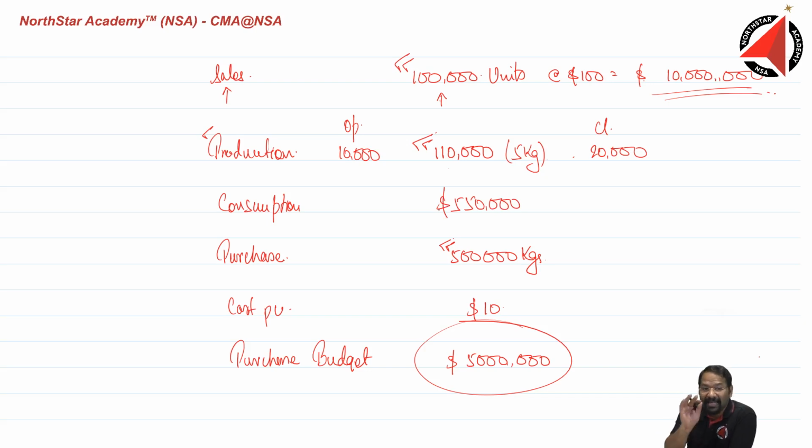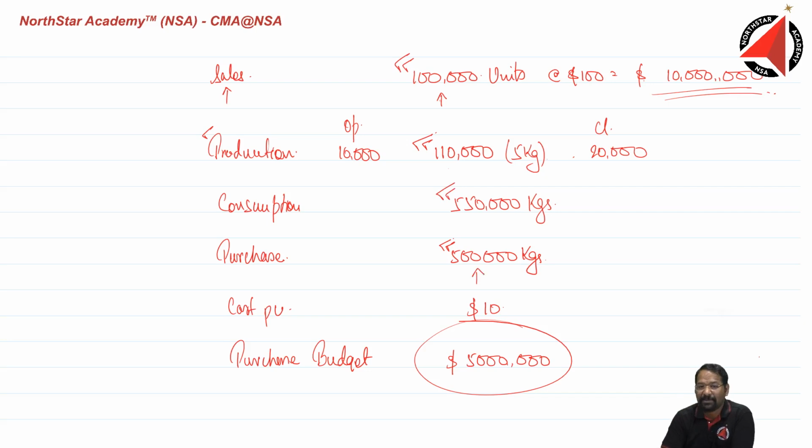All of you agree? Sorry, not dollars, kgs. If you have not understood, no problem. We will go to the question again, and I will explain for those of you who are finding it a little challenging. If my consumption has to be 550,000 kg, how much should my purchase be now?